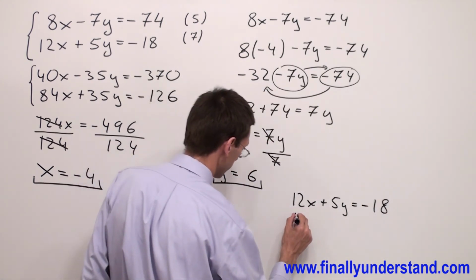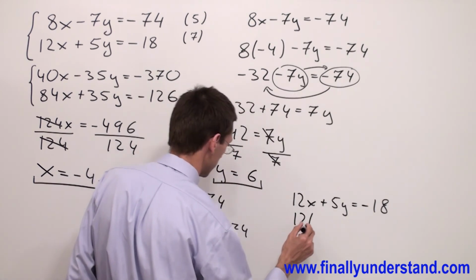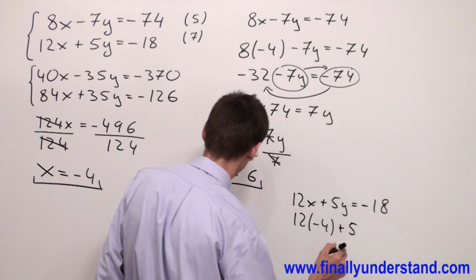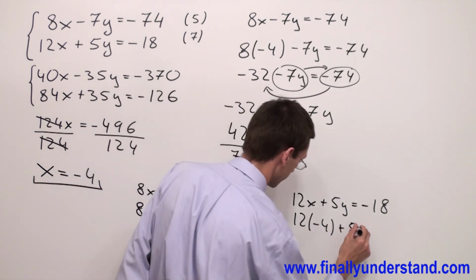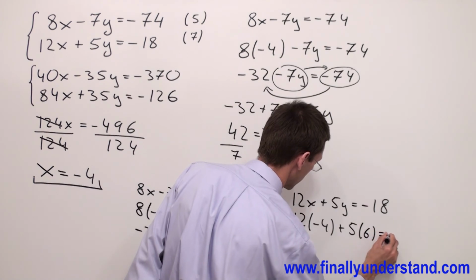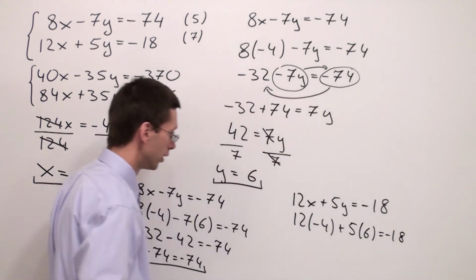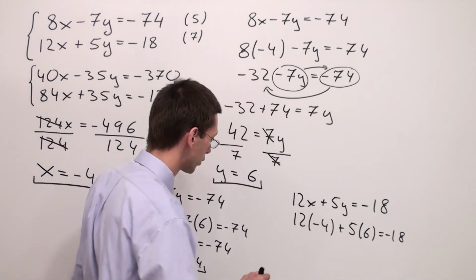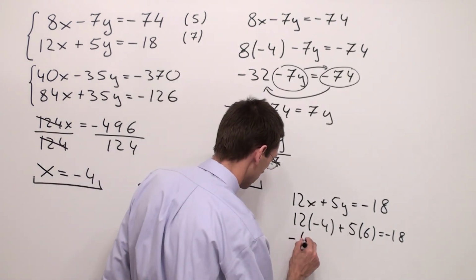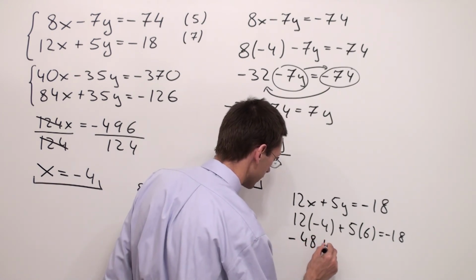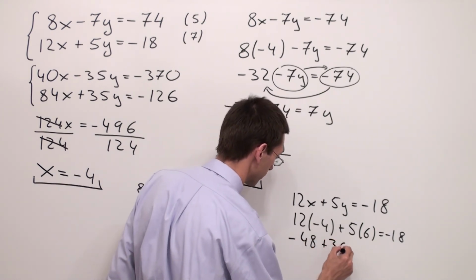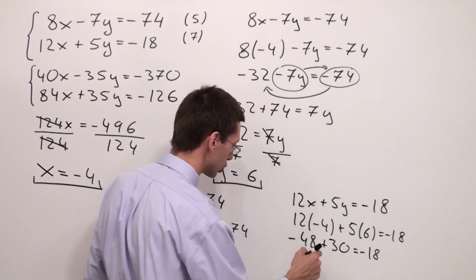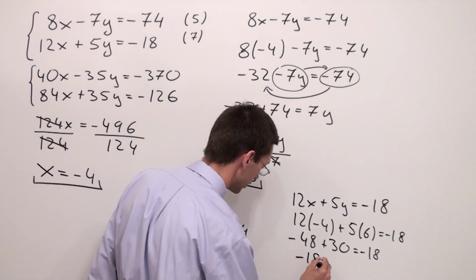So we have 12 times negative 4 plus 5 times 6 equals negative 18. 12 times negative 4 is equal to negative 48, plus 5 times 6 is equal to 30. This is equal to negative 18. Negative 48 plus 30 is equal to negative 18.